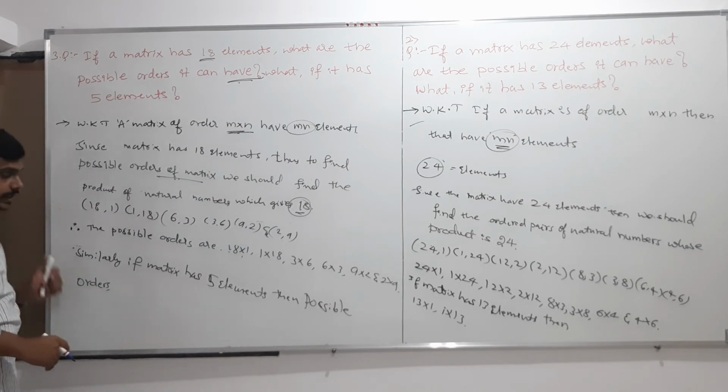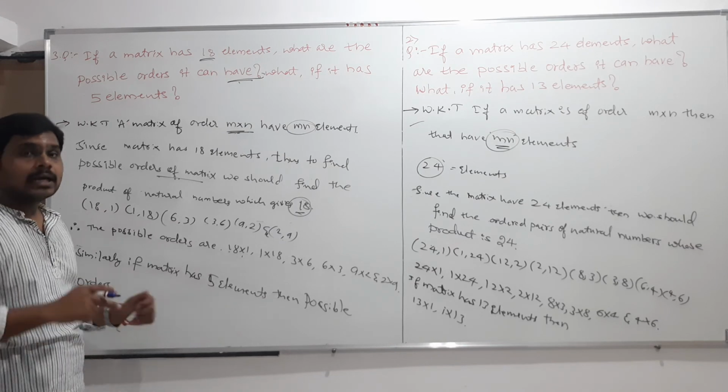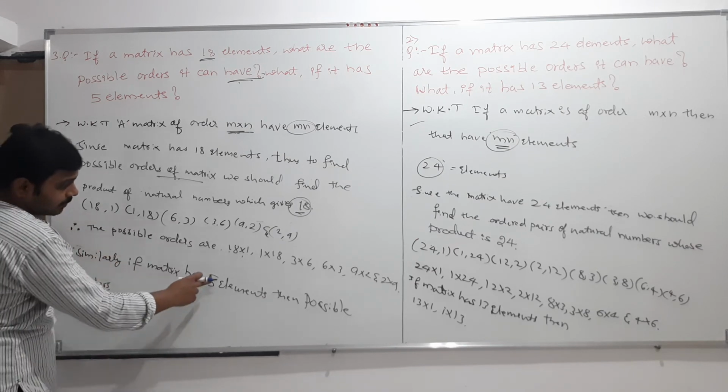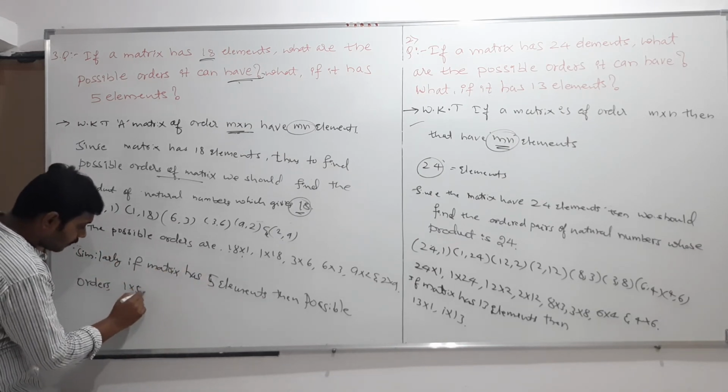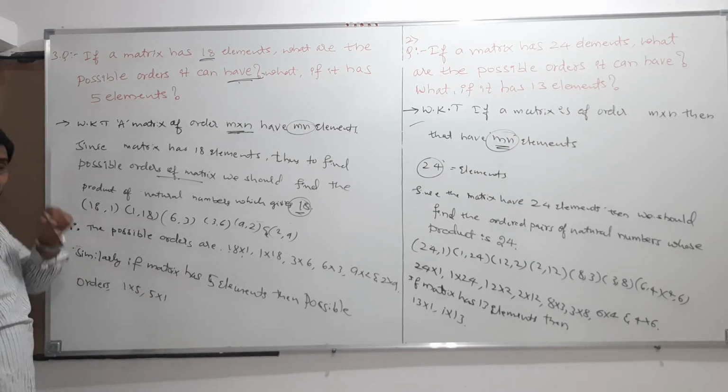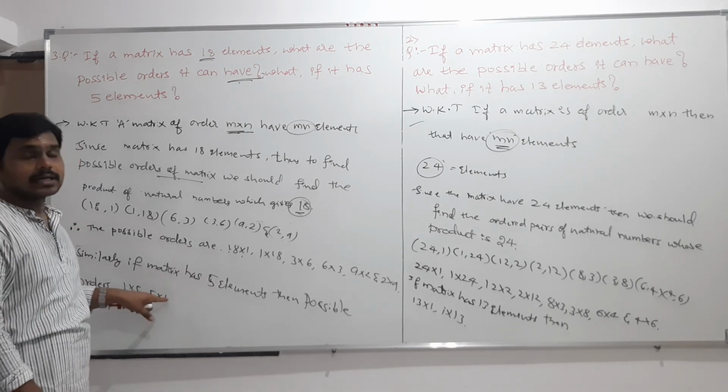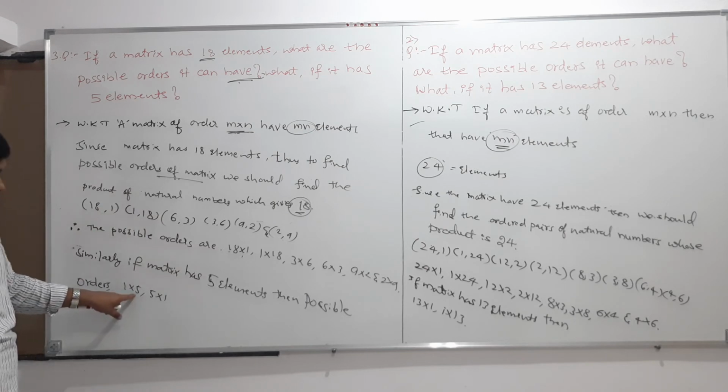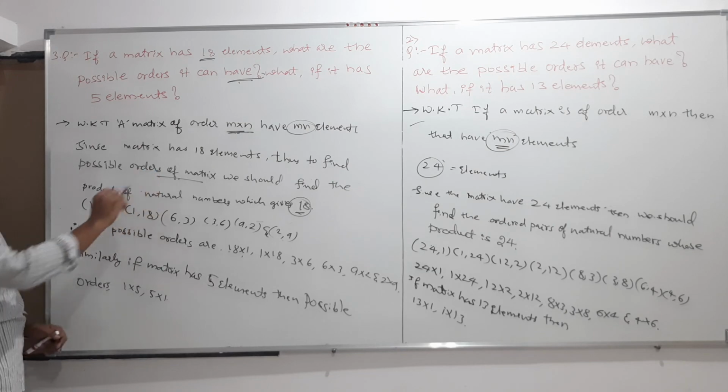Again, to calculate the possible orders, you should find the natural numbers whose product is 5. So what are those? I think 1 into 5 and 5 into 1. These are the only two natural numbers whose product is 5. So therefore 1 into 5 and 5 into 1 are the orders of the given matrix.